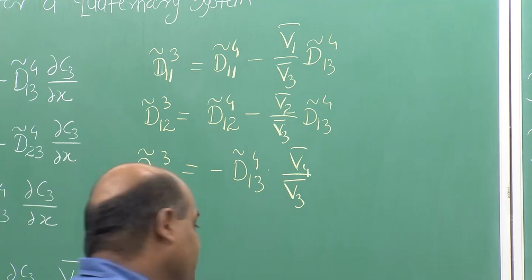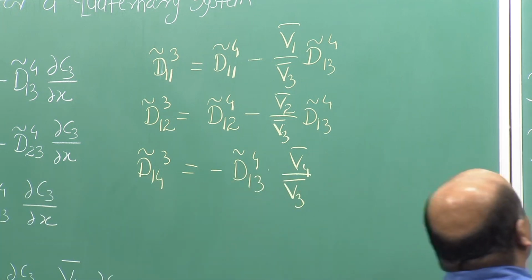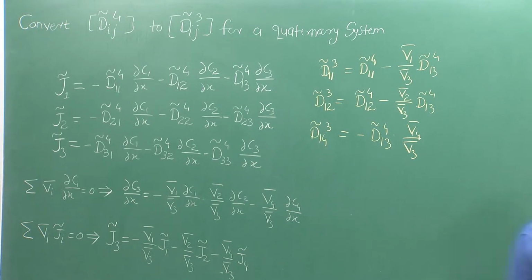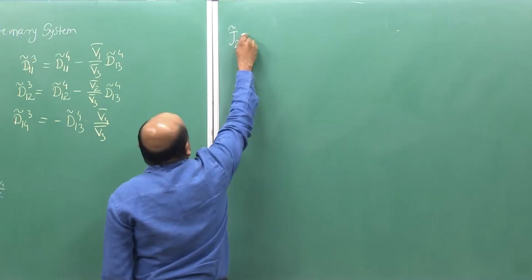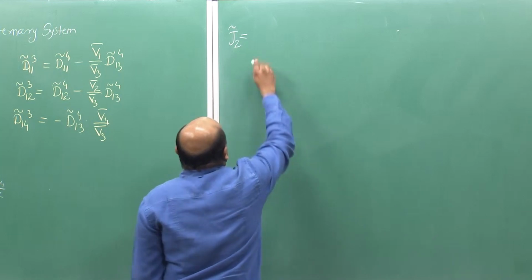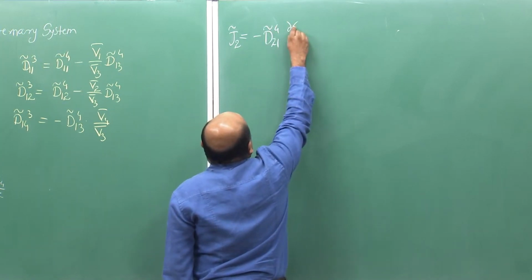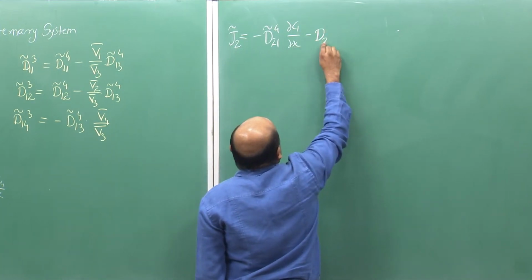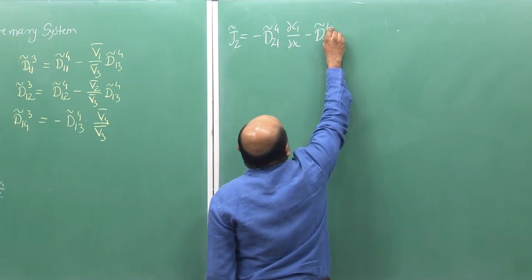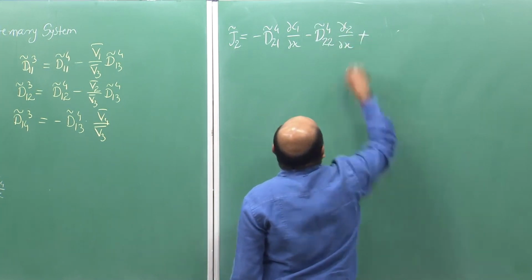Okay. So, similarly, you can find the coefficients for the flux of 2. So, if we substitute for dou C3 by dou x in the expression for J2 tilde, we get minus D21 tilde 4 dou C1 by dou x minus D22 tilde 4 dou C2 by dou x.